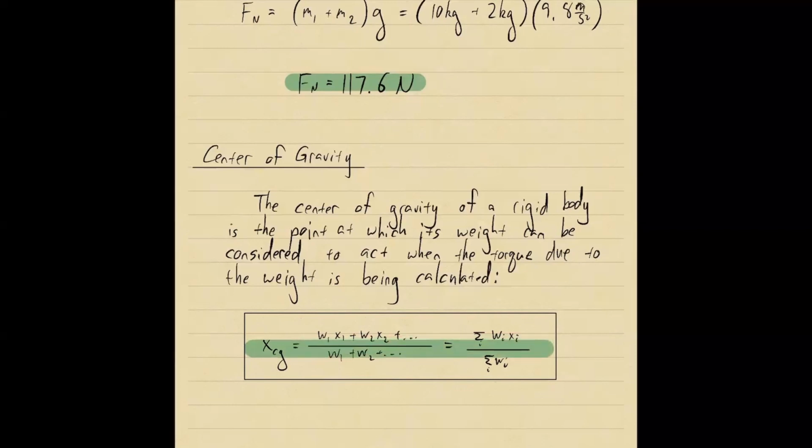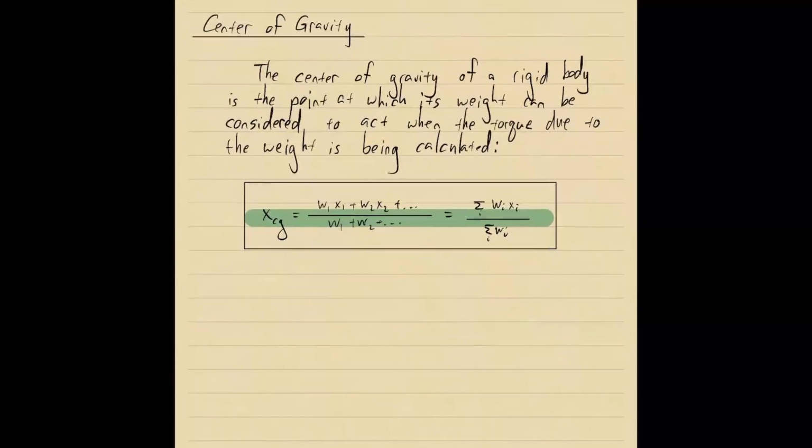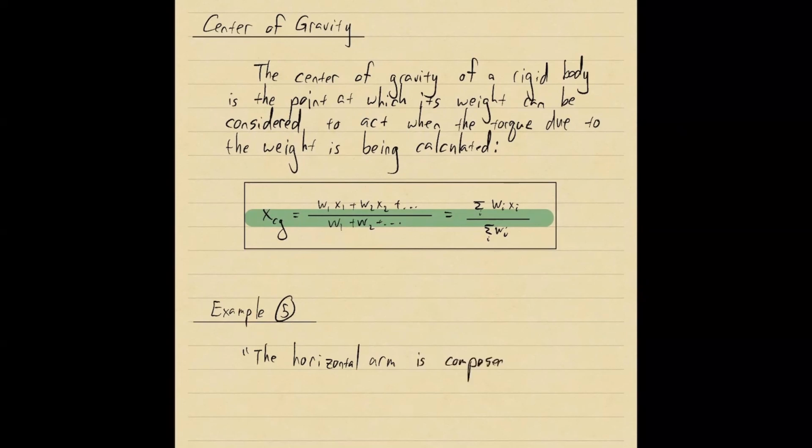All right, so let's look at a problem that deals with the center of gravity. This is going to be example 5. Example 5 says that the horizontal arm, like a human arm, is composed of 3 parts.